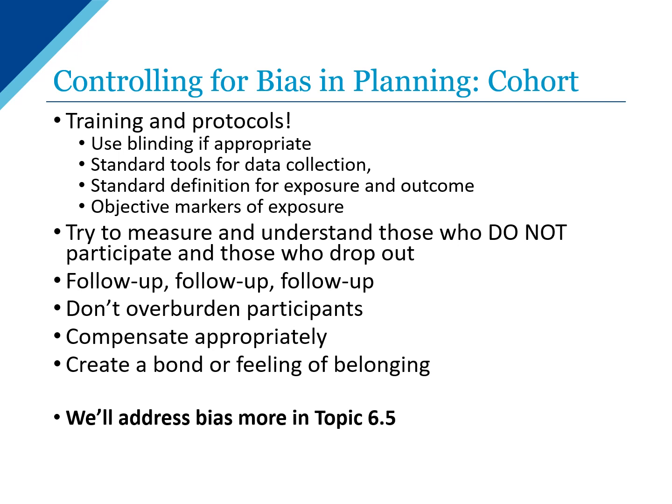Using standard tools for measurement and data collection, standard definitions of exposure and outcome, objective markers of the exposure when you can, such as blood tests, and blinding your data collection staff to whether the participants are in the exposed or unexposed groups can greatly reduce the opportunity for error.